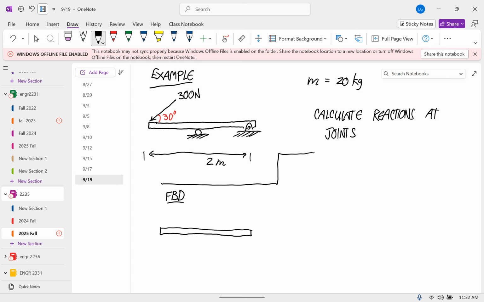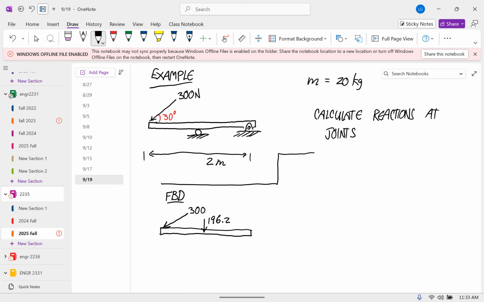Okay, so we have the 300. We have the weight at the center. I'm going to just put it up here for bookkeeping. So this is equal to 20 times 9.81, which is 196.2. Okay, and now we have the two joints. So now we can just go back and look at what the rules are for these types of joints.